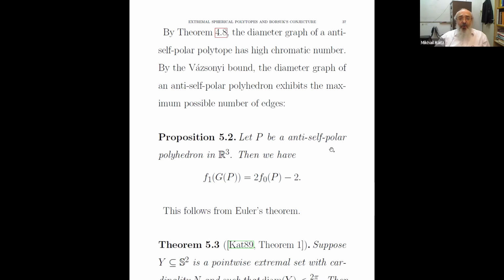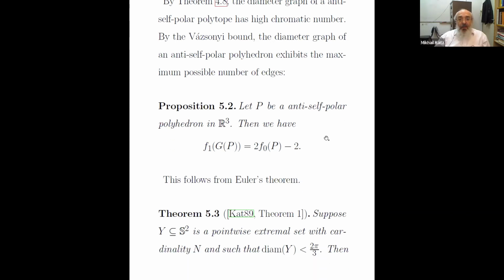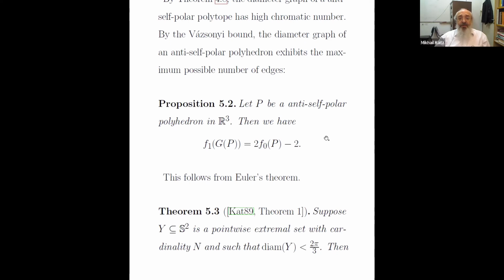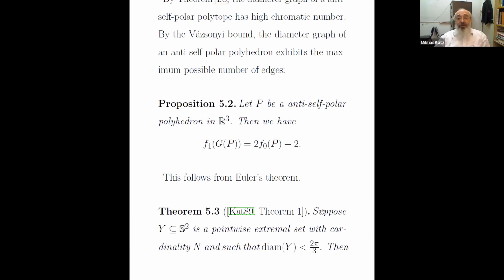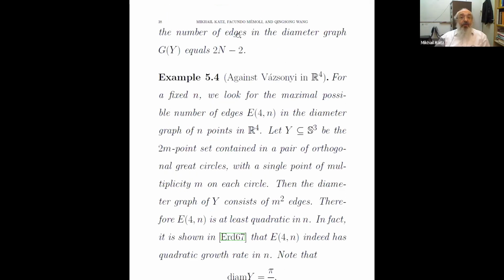This just follows from Euler's theorem. And there's a result here that if you have a pointwise extremal set of diameter below this magic number 2 power of 3, which is the first accumulation point of critical values, then the number of edges is 2n minus 2, and it's anti-self-polar. I don't remember if I mentioned it. It's necessarily anti-self-polar.